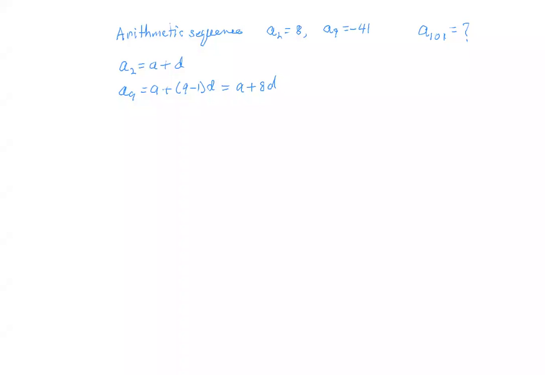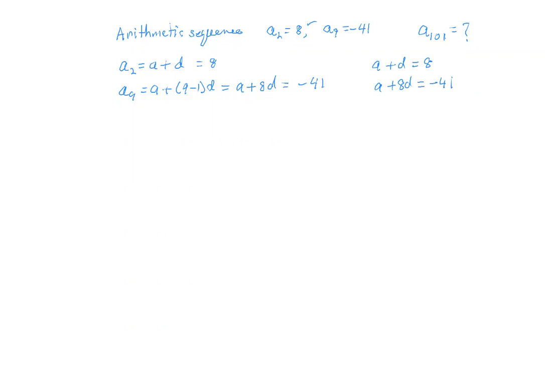This is your A sub 2, which is 8. This is your A sub 9, which is negative 41. So you can have two equations: A plus D is equal to 8 and A plus 8D is equal to negative 41.